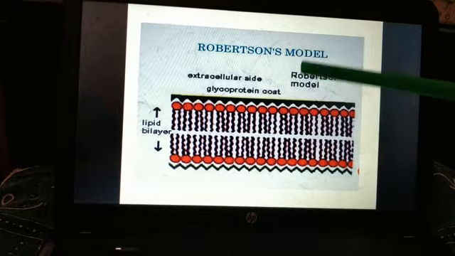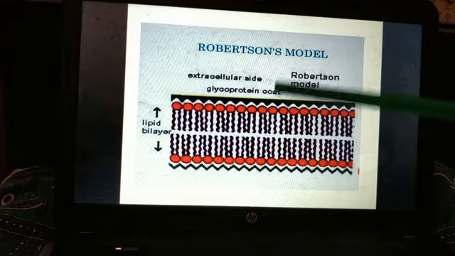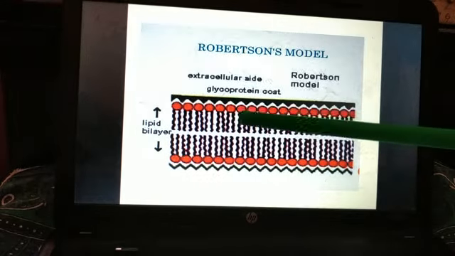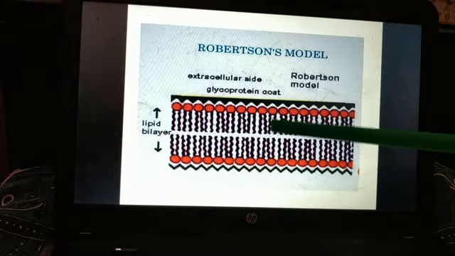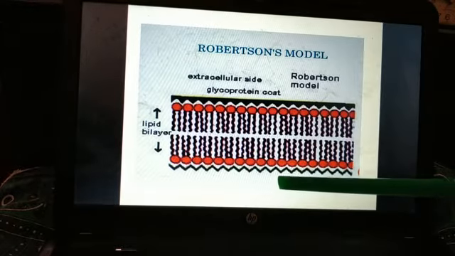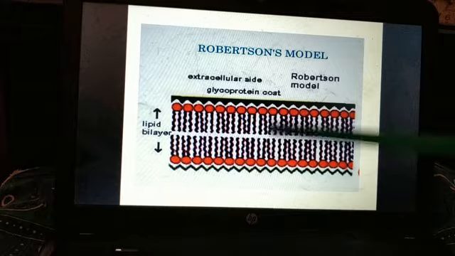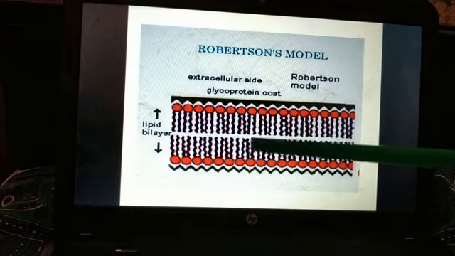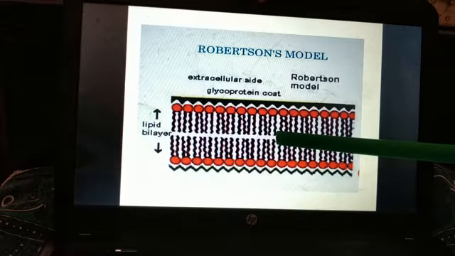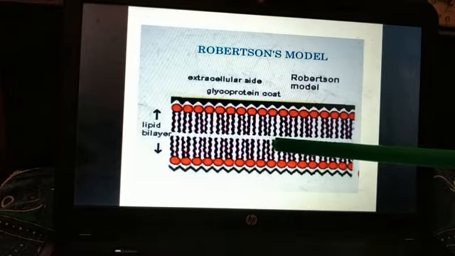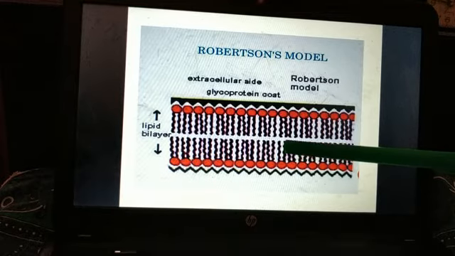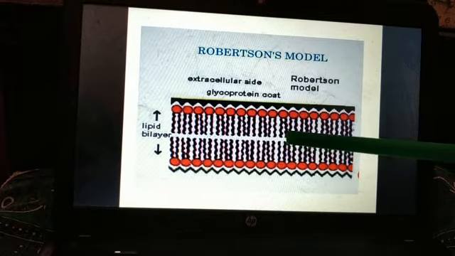Water soluble particles will come, they can enter till here, till the hydrophilic head part, but how will they move across the layer, across the plasma membrane, since this part is hydrophobic. So this model was unable to explain the movement of water soluble substances. So this model was rejected.